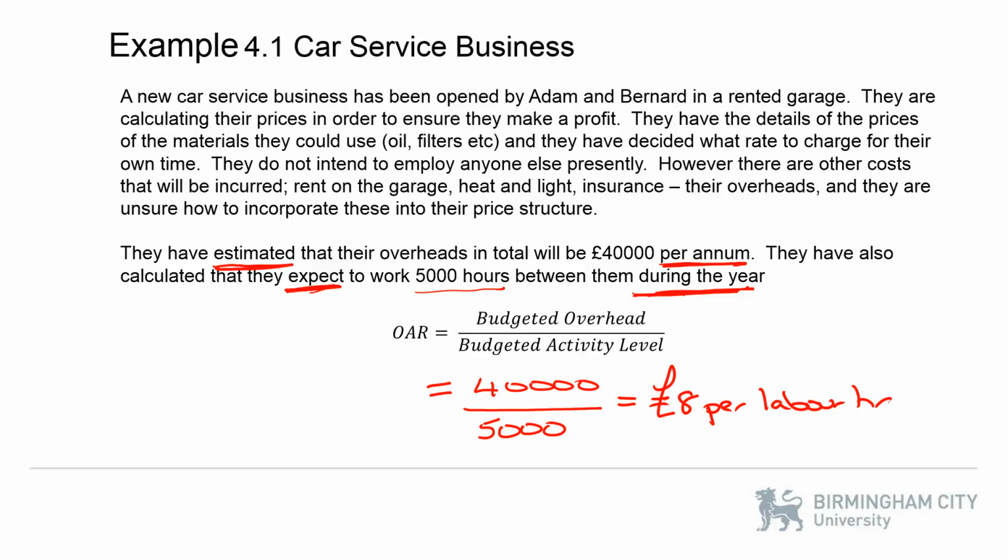Is it per machine hour? Is it per unit? So what this is telling us is that in order to add to our prime cost an amount to cover our overheads, we need to add £8 for every labour hour that's worked. So that's our overhead absorption rate.